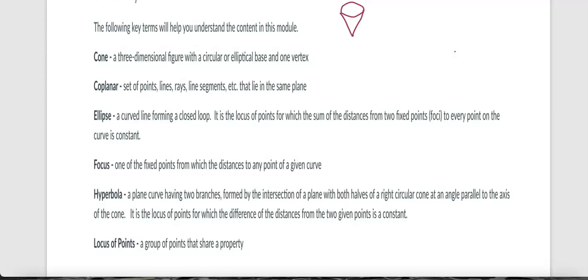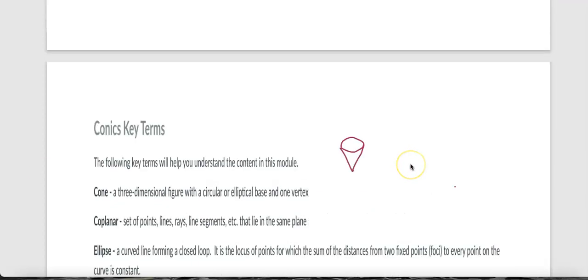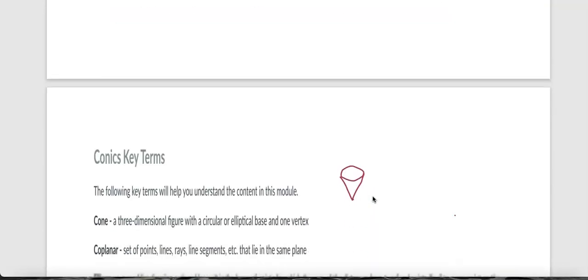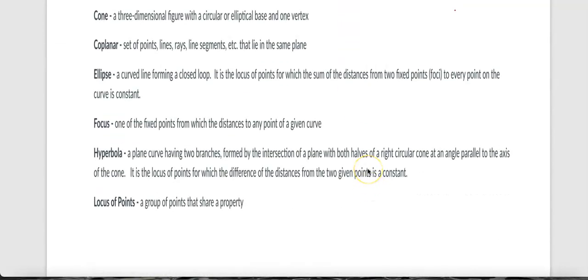Hyperbola: a plane curve having two branches formed by the intersection of a plane with two halves of a right circular cone at an angle parallel to the axis of the cone. So if you look at this image which I have shown you, this is for the hyperbola. You see this part over here, this is a cross section, and you can see it's parallel.